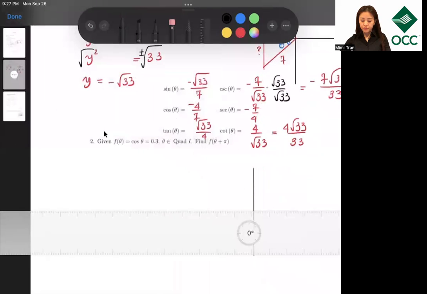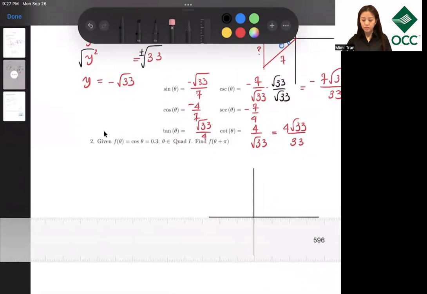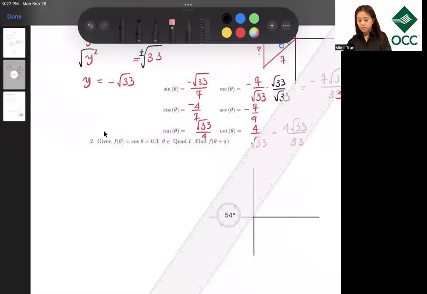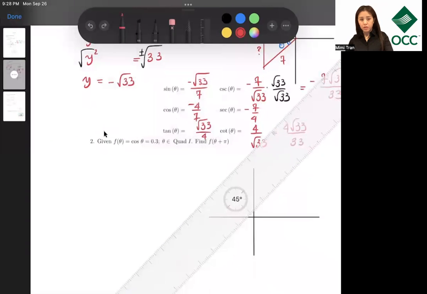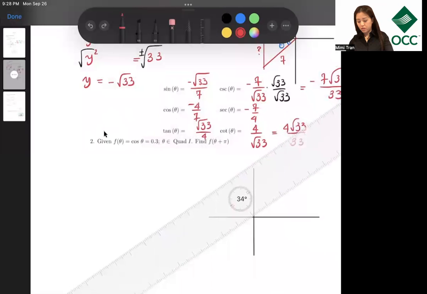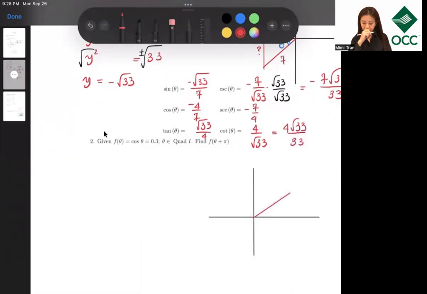It's the first quadrant. 0.3. We'll do it like this. All right, so here's our data. And the function, the width is 0.3.